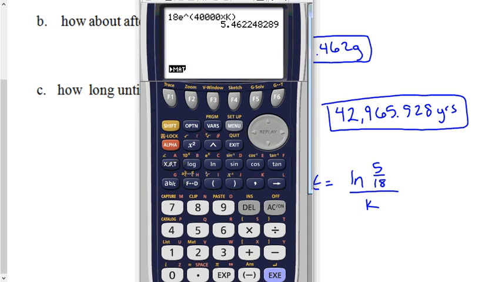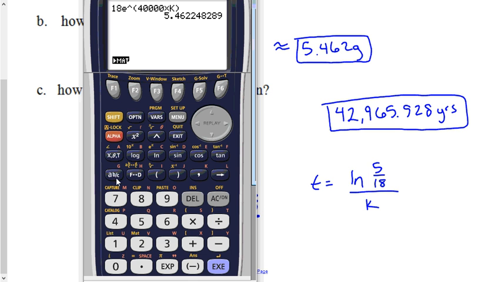So one last time, let's just go ahead and do this. We're going to say natural log 5 divided by 18, and then we'll take that answer and we'll divide it by k. That's where we get our 42,965. That's it. That's all there is to it. Okay.